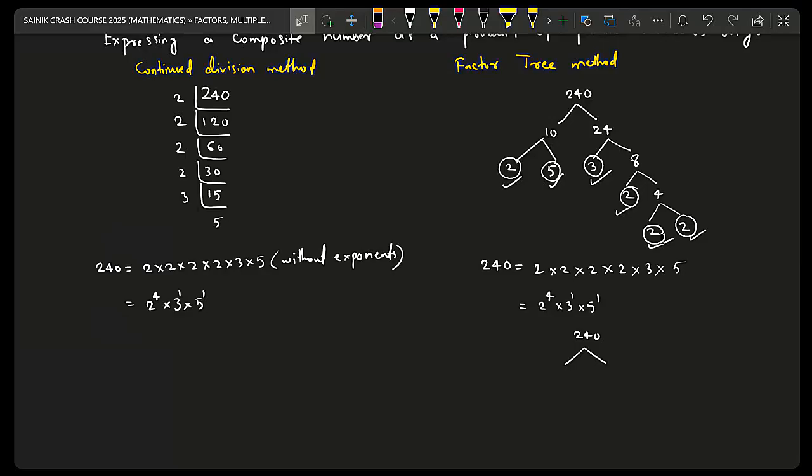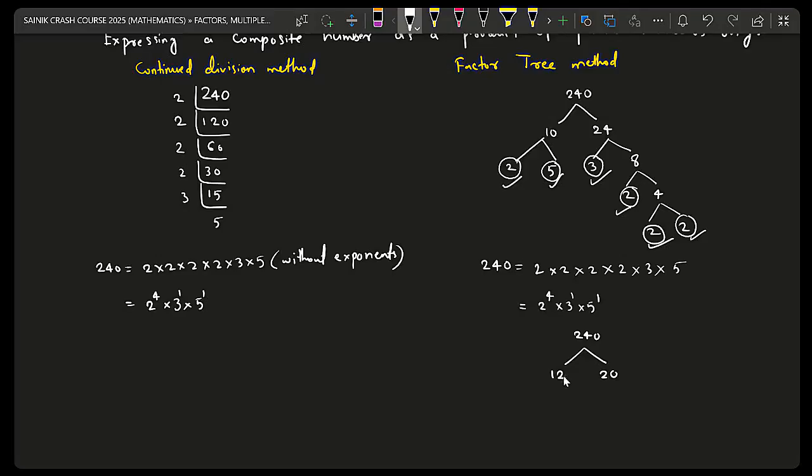With 12, if you divide 240, what is the answer you are getting? 12 twos are 24 and 0, right? 12 into 20 is 240, correct or not? 12 into 20, 240 only, no?